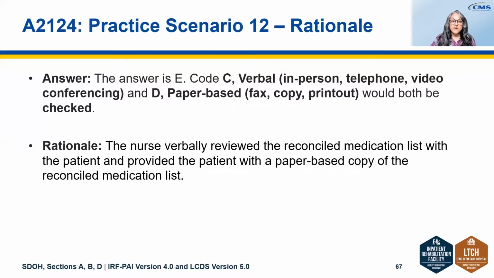So the answer of both code C, verbal, and code D, paper-based, would be checked, because remember that A2124 is a check all that apply data element. So more than one response can be checked. The rationale is that the nurse verbally reviewed the reconciled medication list with the patient, but also provided them with a paper-based copy of that reconciled medication list.